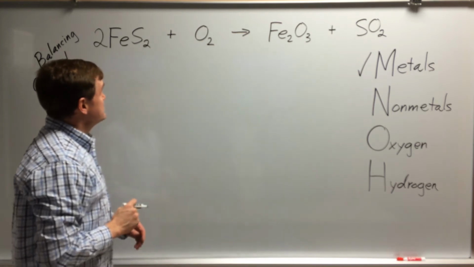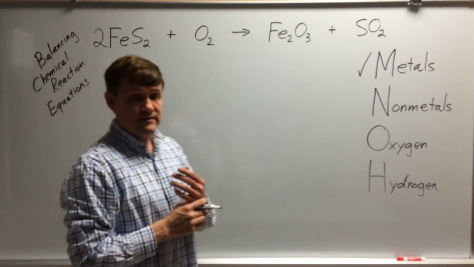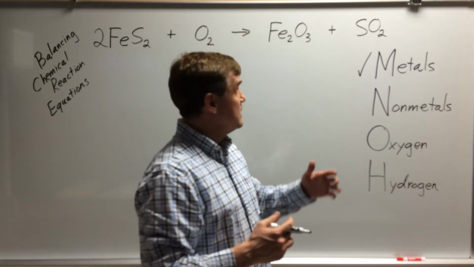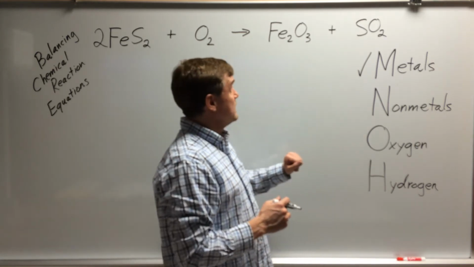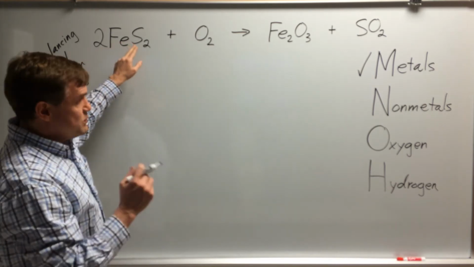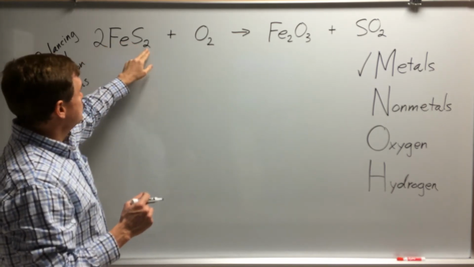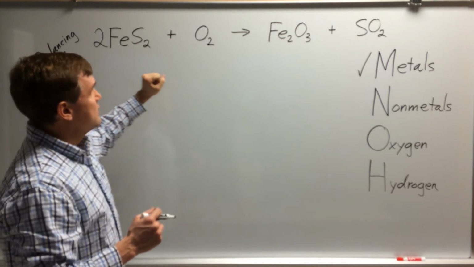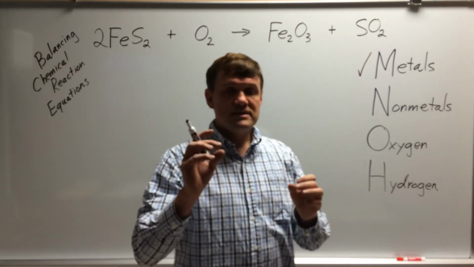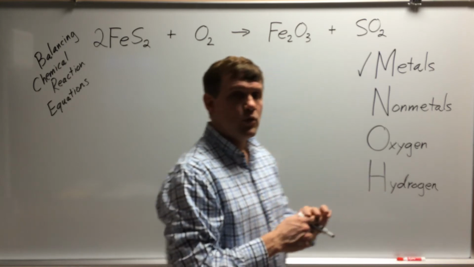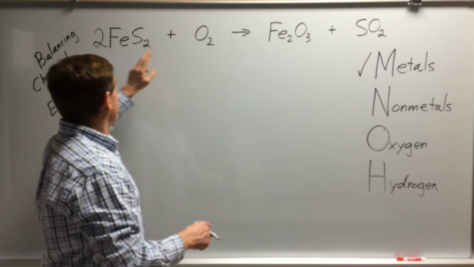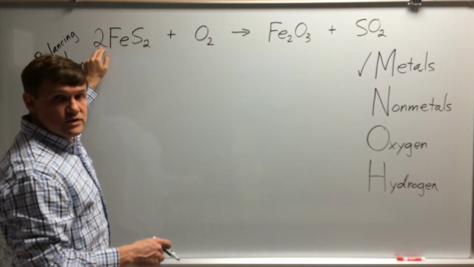Now let's do nonmetals. And here's a case where we actually have a nonmetal, and the only nonmetal that we need to be concerned about is sulfur. Again, oxygen has its own rule. And sulfur, I have 2 times 2 sulfurs, or 4 sulfurs here, and only 1 sulfur here. Now, let me stop and just make a very minor point. In the prior step, the step with the metals, I had changed this coefficient.